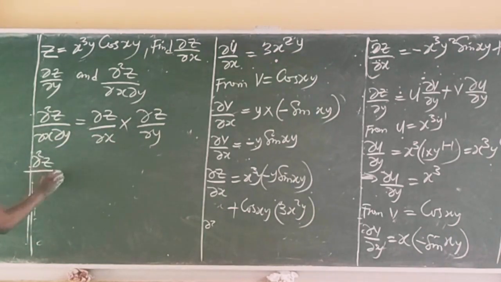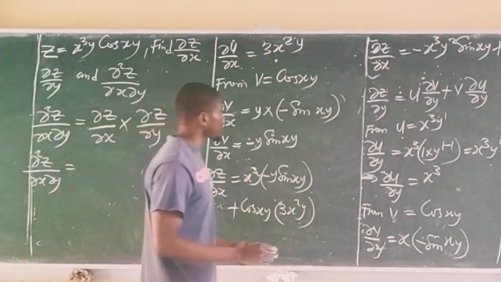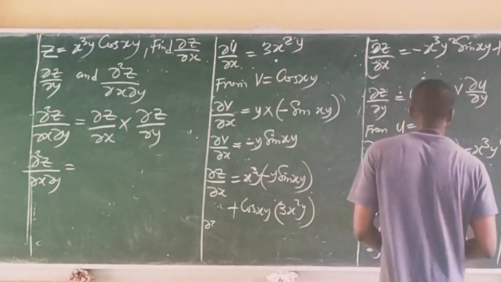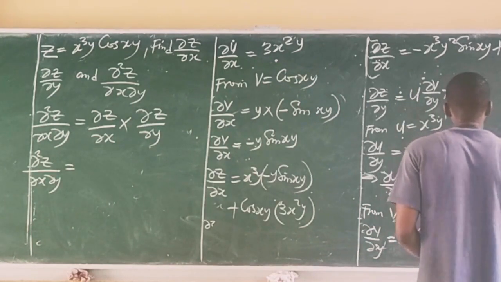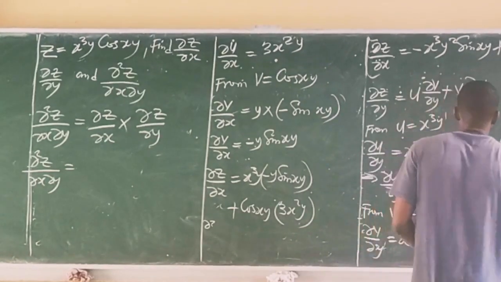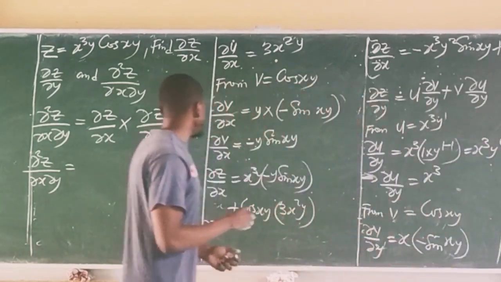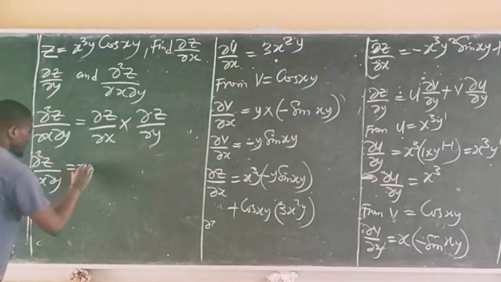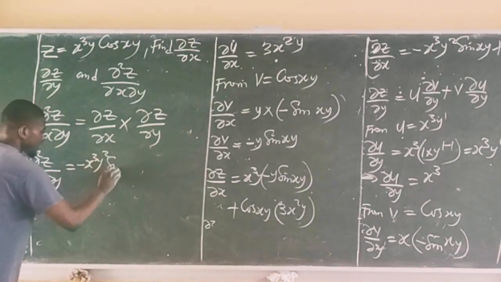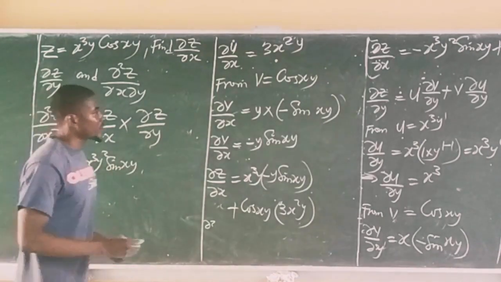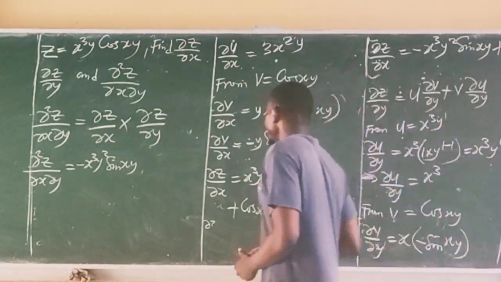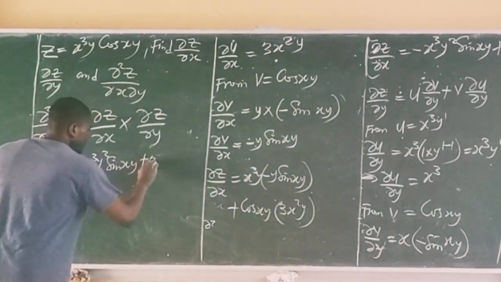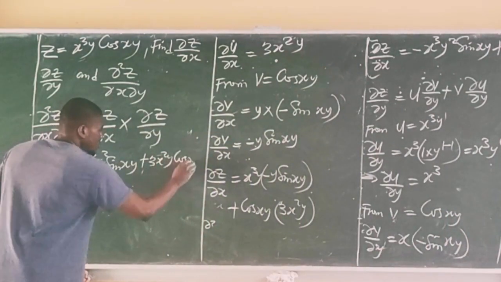Therefore, partial squared z, partial x, partial y is now equal to partial z, partial x, which gives us minus x cubed y squared sine xy minus x cubed y squared sine xy and plus 3x squared y plus xy cos xy.